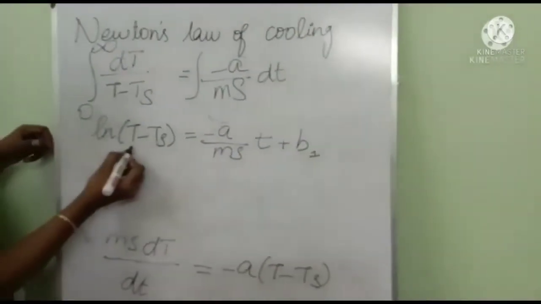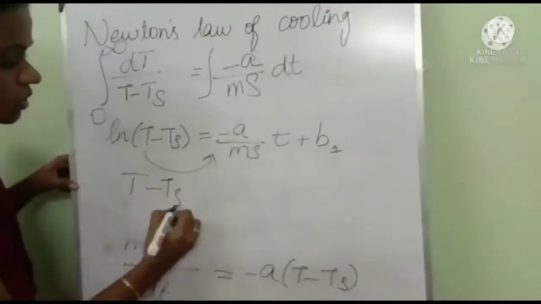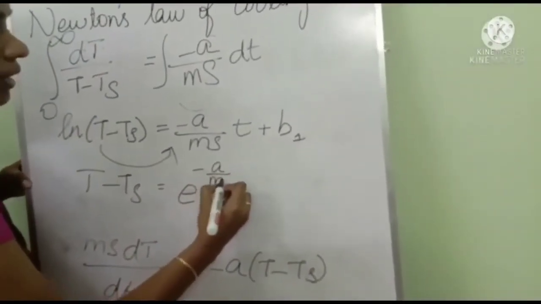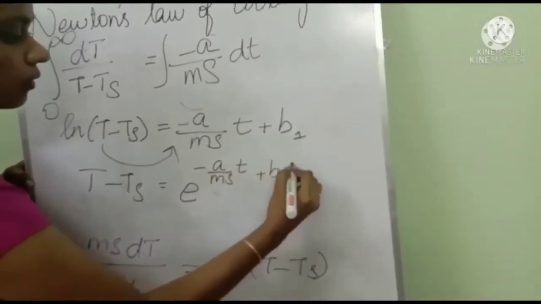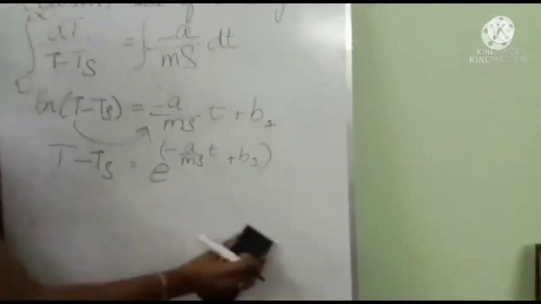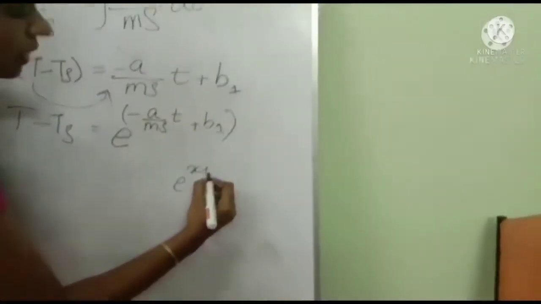Now I am taking this ln symbol to the other side. So T minus Ts will be equal to e power (minus A by ms t plus B1). Further, we can simplify this e power (x plus a) form.